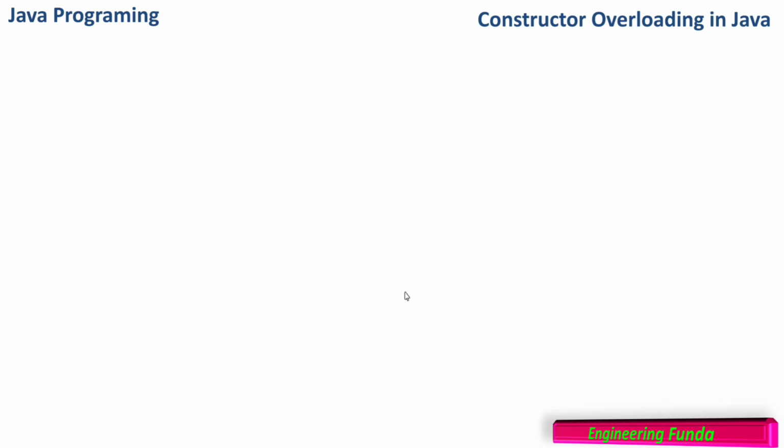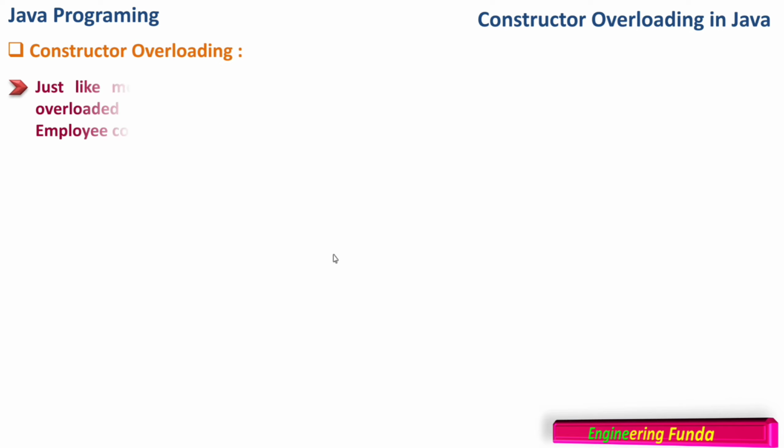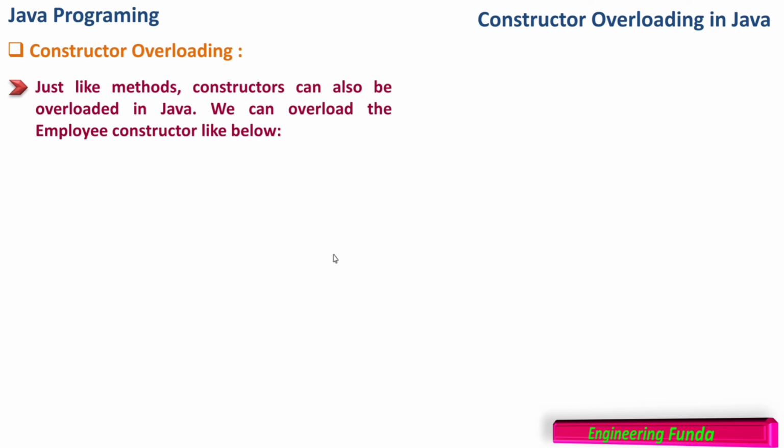Let us first introduce what constructor overloading is. Just like methods, constructors can also be overloaded in Java. We can overload the employee constructor like below. So here we are directly taking an example where we have a class with the name employee and there are multiple constructors in the class.